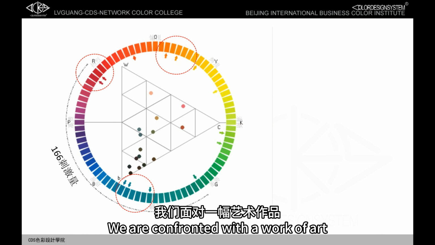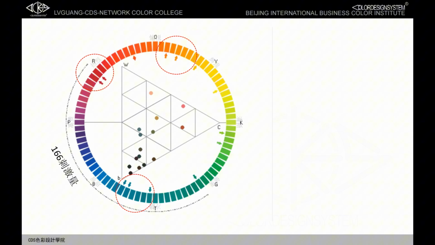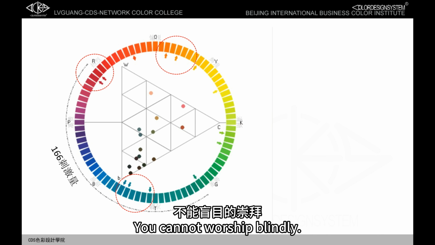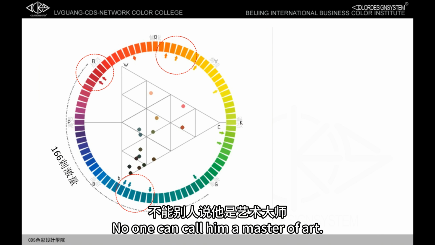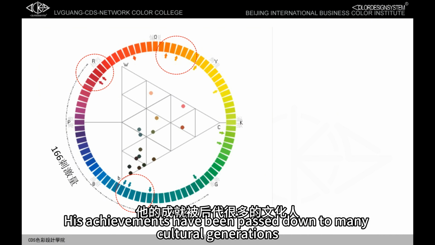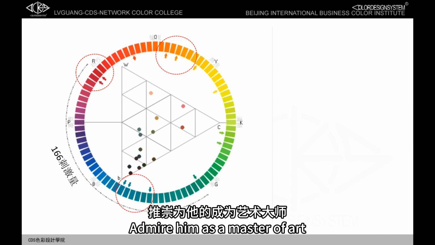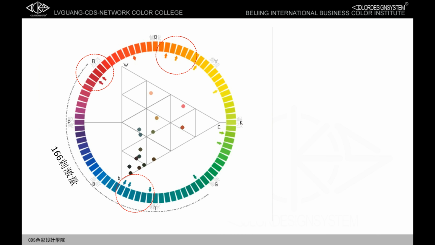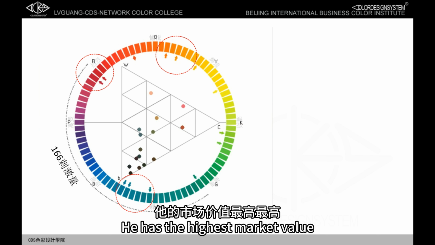We are confronted with a work of art. You cannot worship blindly. No one can call him a master of art. He is a master artist. His achievements have been passed down to many cultural generations. Admire him as a master of art, or his work to this day. He has the highest market value.